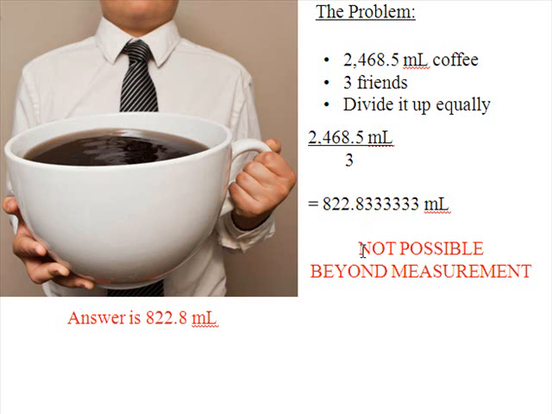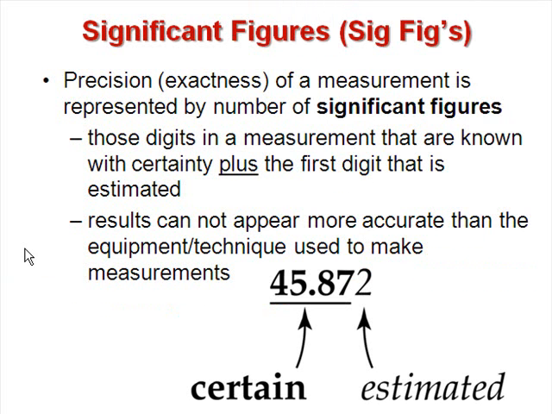And what you would say is you get 822.8 milliliters, and you have to stop there. So taking a look at SigFigs, there's a degree of accuracy or exactness, a precision to the measurement. And you have to go to within the first digit that got estimated.